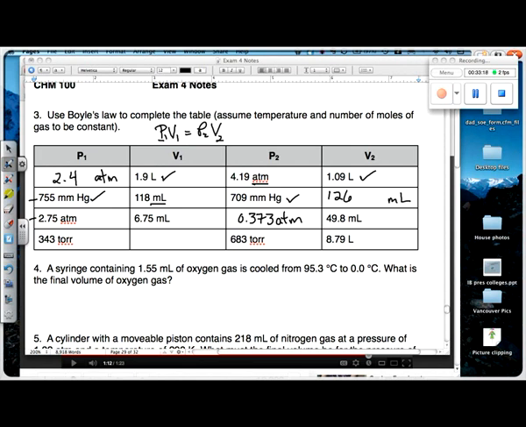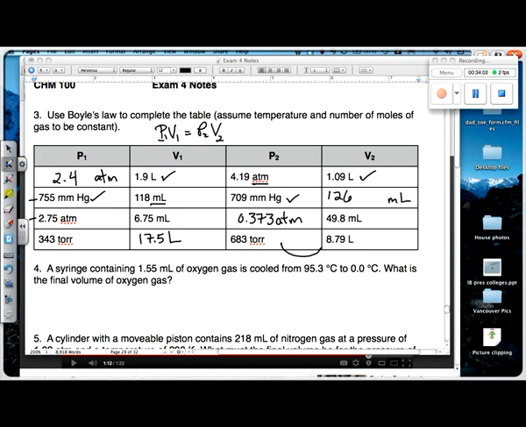And for our last one, we are going to multiply P2 and V2 and divide by P1. And I get 17.5 liters. So here we're at a higher pressure with this volume. Here we're at a lower pressure, so greater volume. All right, makes sense. All right, so just a lot of Boyle's law calculations.